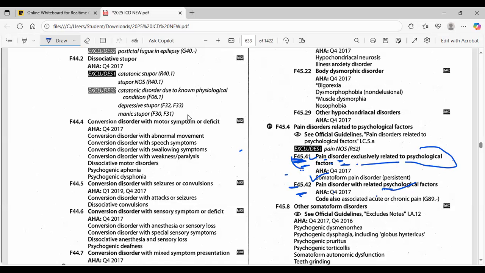In that case, we have to use F45.41 and we are not allowed to use a specific pain code with that. But with F45.42, you are allowed to use a code for pain as well as for the psychological condition.